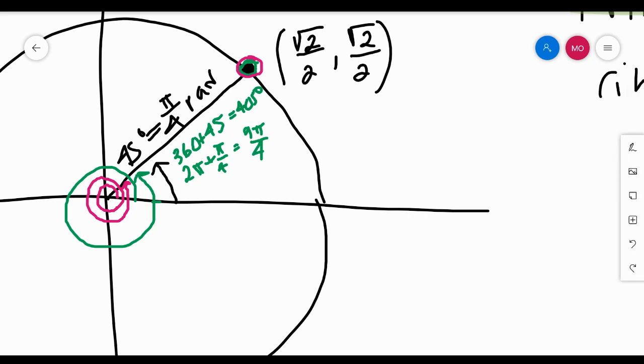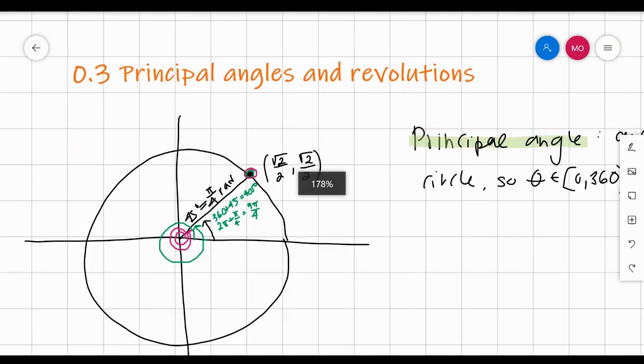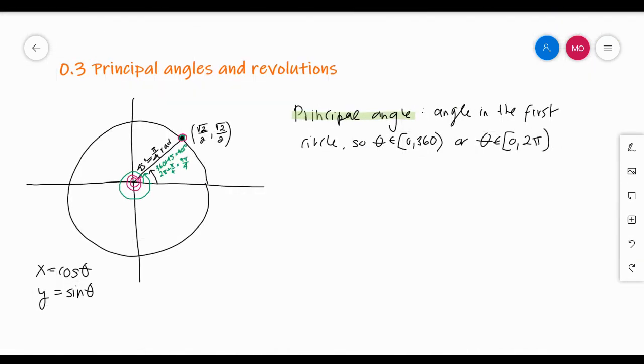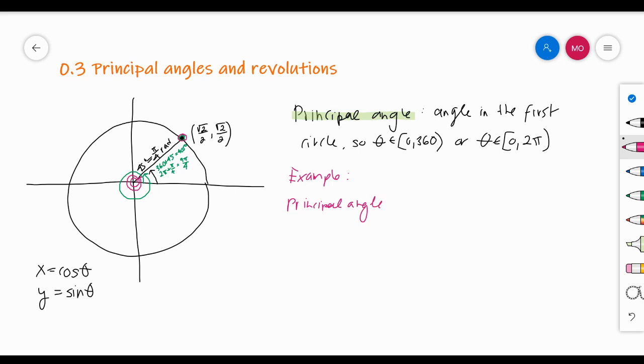So for example, find the principal angle of, I'm going to pick a random number, let's do 525 degrees. Because it's bigger than 360, what you would have to do is say, okay, the principal angle, I'm just going to write theta, is going to be 525.